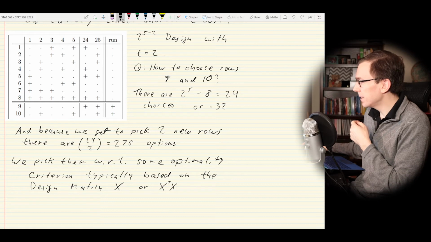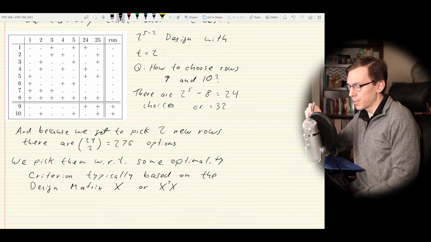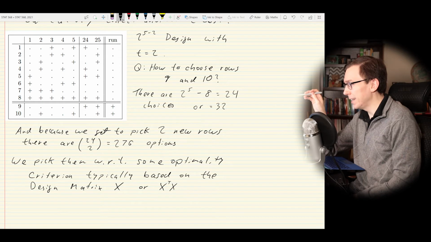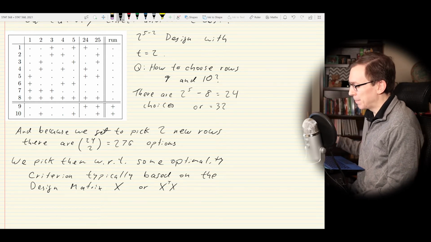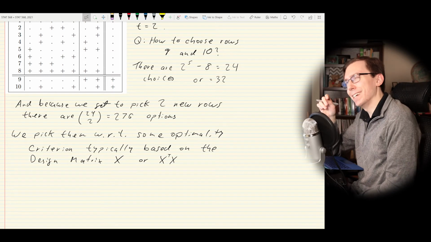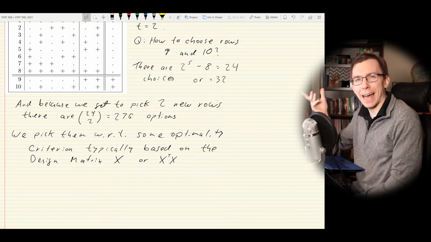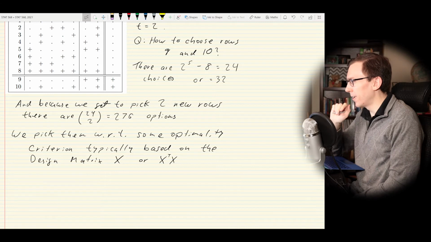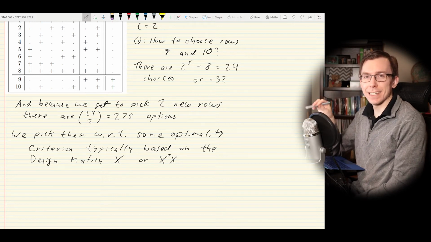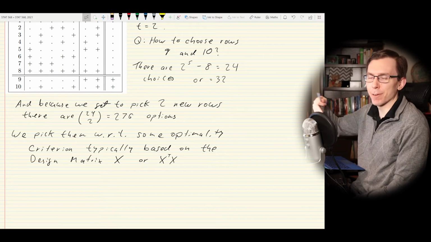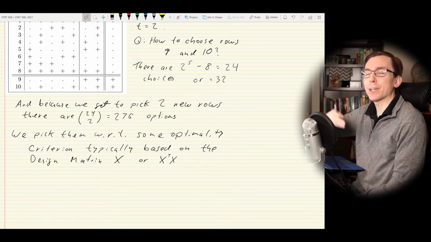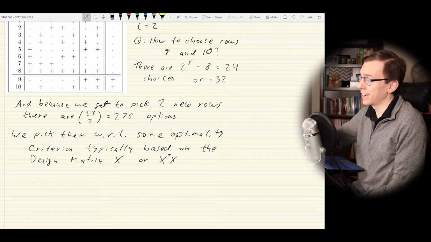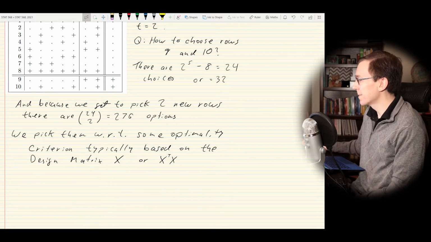Now, this table here was filled in with something called D-optimality. And D-optimality is, I think, the default in R, but I honestly would have to double check the package that I use to generate this. Now, there are R packages that will choose rows. So if you give it a design matrix and you say, I want to add in 2 or 10 or whatever more rows, it will then, with respect to a certain optimality criteria, find them for you, which is nice.